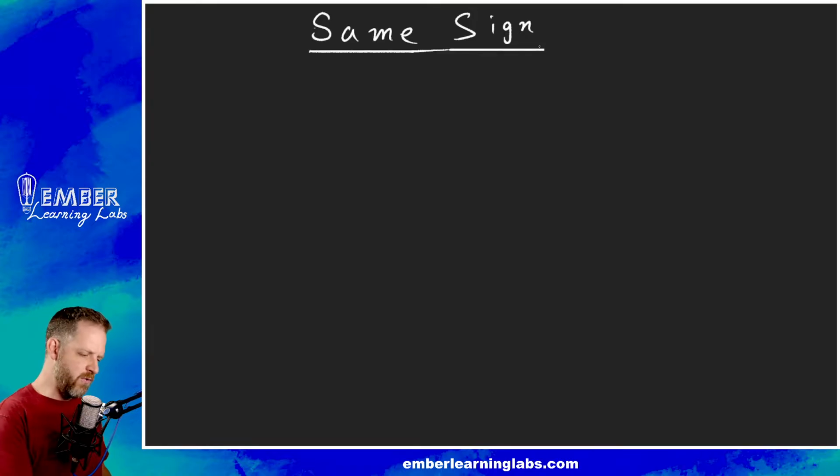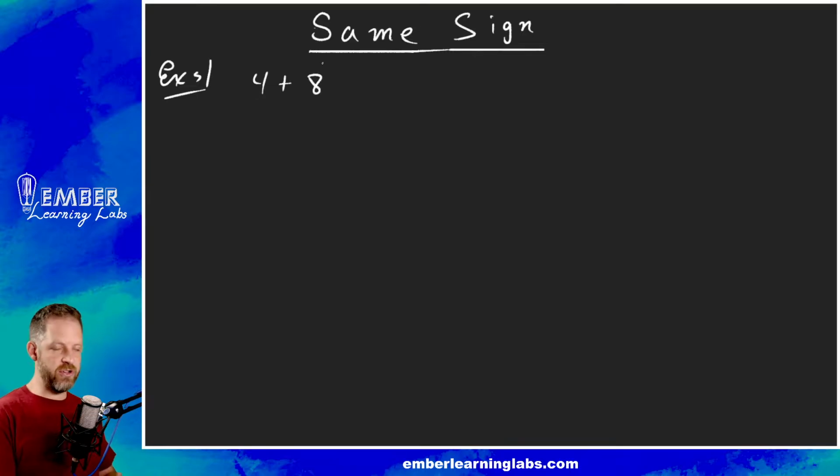So if we're doing something like 4 plus 8, those two numbers have the same sign. This 4 is positive. This 8 is positive. And so we just add and we keep the sign.